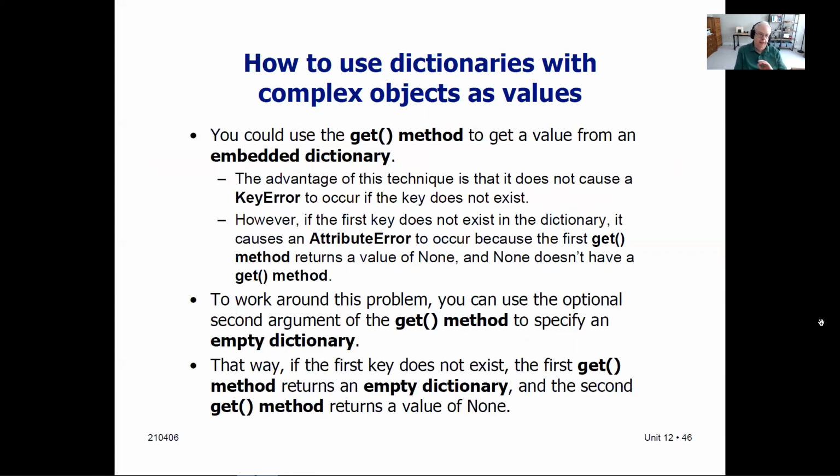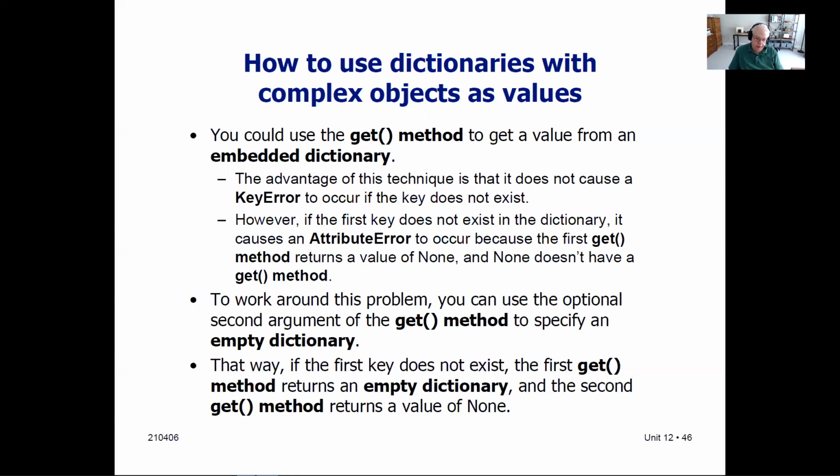All right, now another way that we could do this is use the get method, okay? Now that's going to present a perplexing little dilemma that is easy to fix, okay? Because when we use a get method into another get method, in other words, a get method for the contacts dictionary, and then a get method, say, for Ann's dictionary, then we're going to have a problem, okay?